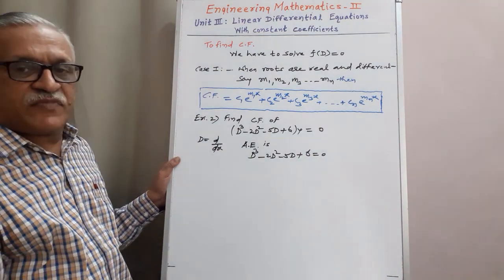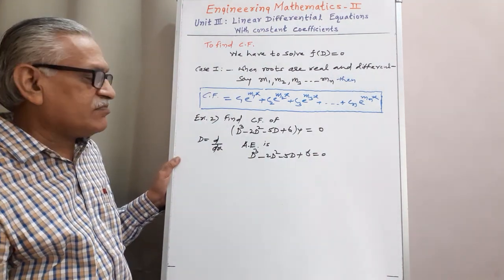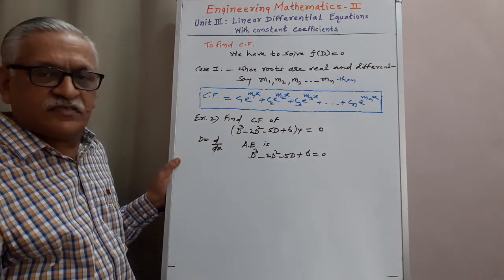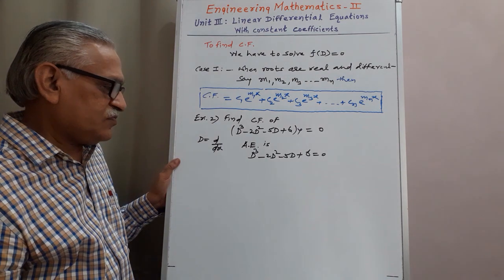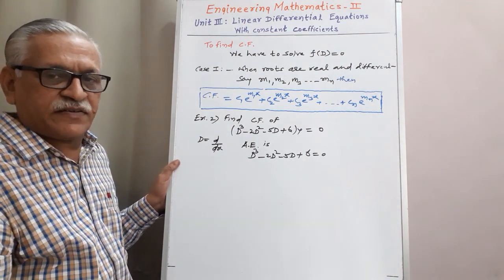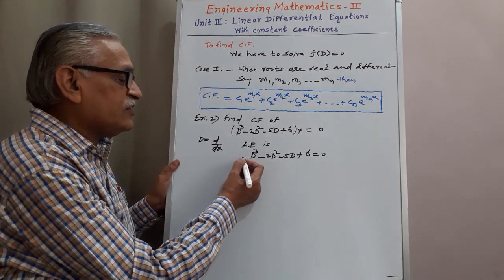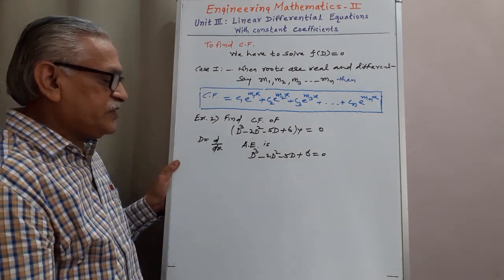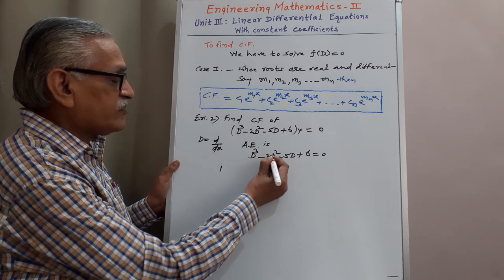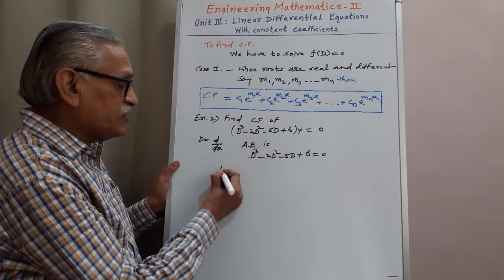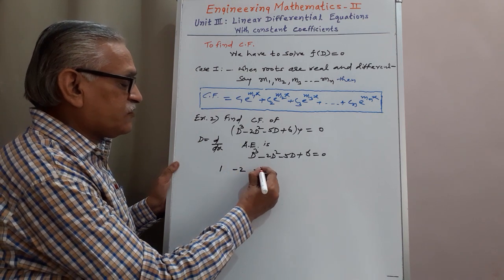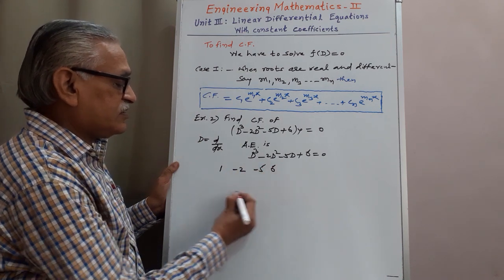Cubic equation. As it is a cubic equation, we have 3 roots, and to obtain those 3 roots of D we have to apply the synthetic division technique. Therefore, for that we write down the coefficients in decreasing order. The coefficient of D cube is 1, coefficient of D square is minus 2, then minus 5, and then 6.